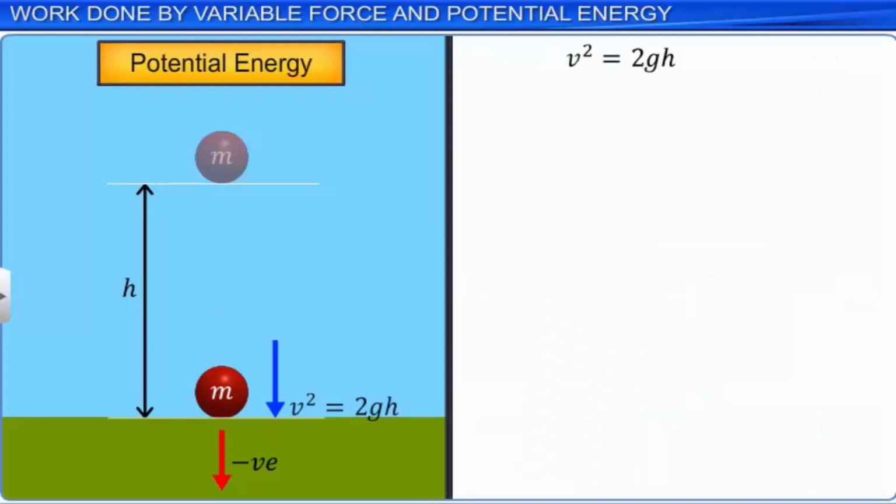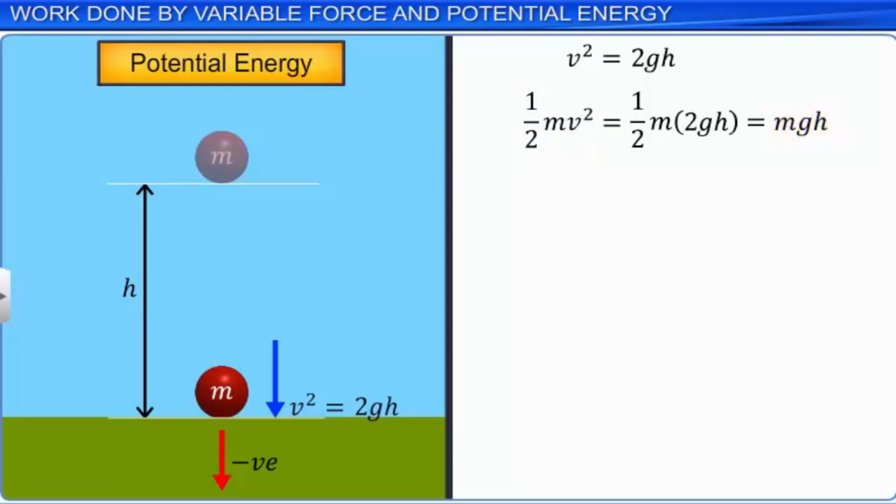On multiplying both sides of the above equation with half m, we get half mv squared is equal to half m into 2gh, which is equal to mgh. The left side of the equation is the kinetic energy of the body on reaching the ground, and the expression on the right is the potential energy stored.